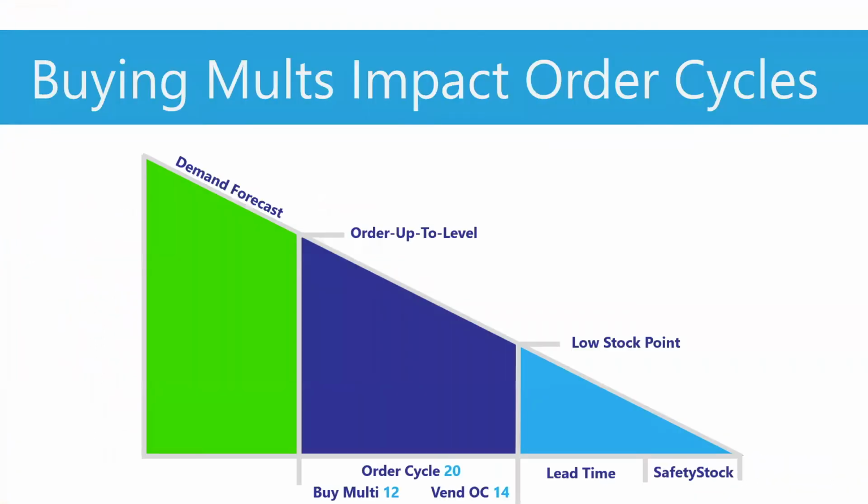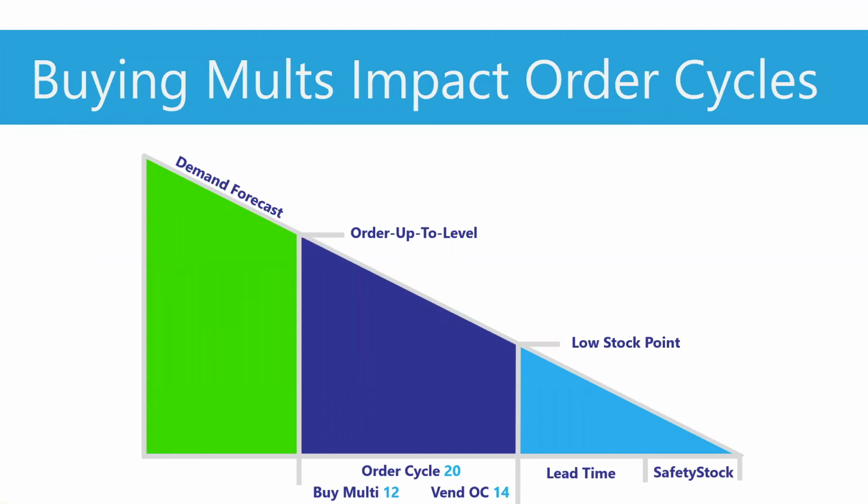In the picture, here's a reminder that when we do buy, if we're buying 20 days worth, that's a combination of the fact that we thought we're buying 14 days worth because the vendor order cycle was set to 14.